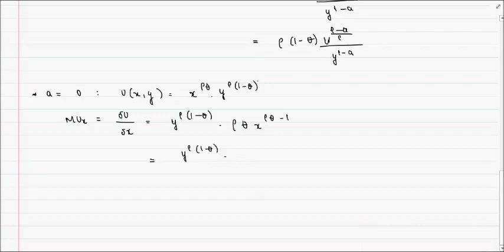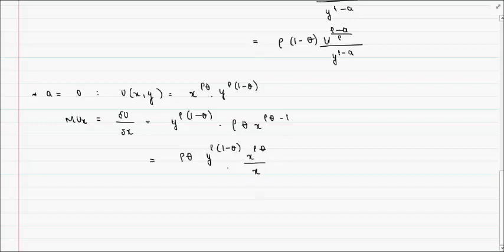So if I move theta and rho to the front, I got rho theta y to the power rho 1 minus theta x to the power rho theta, and everything divided by x, because I got x to the power rho theta minus 1, that is just equal to this.